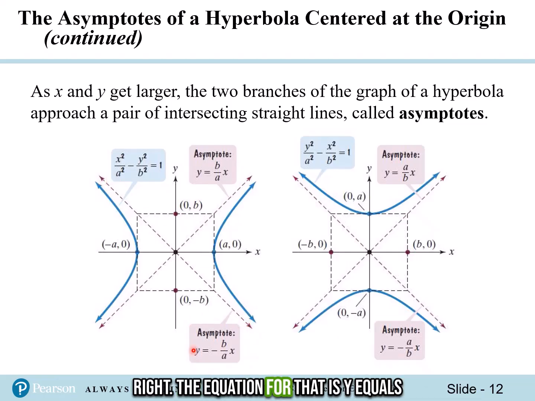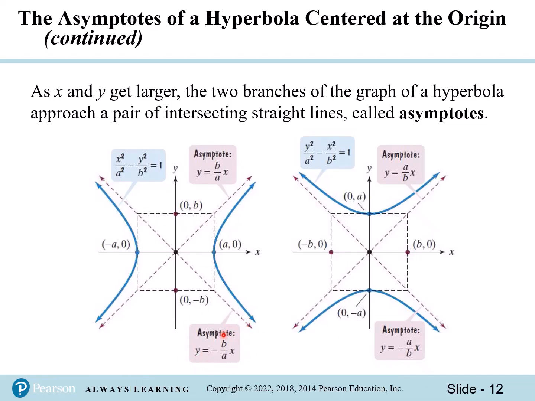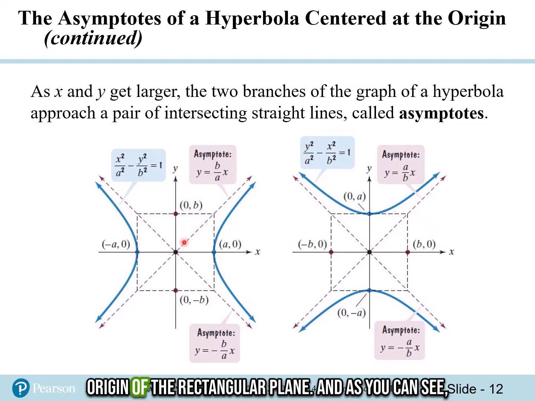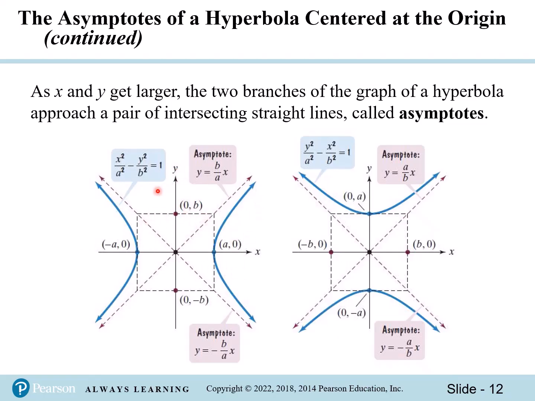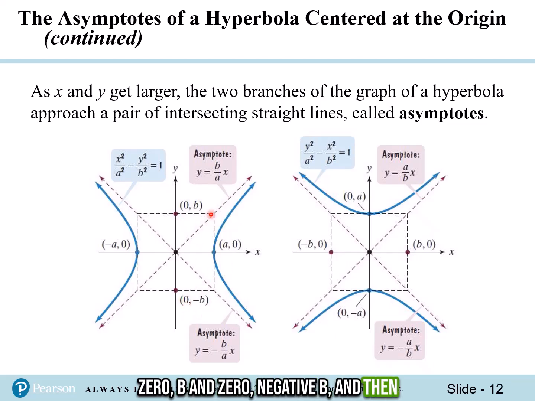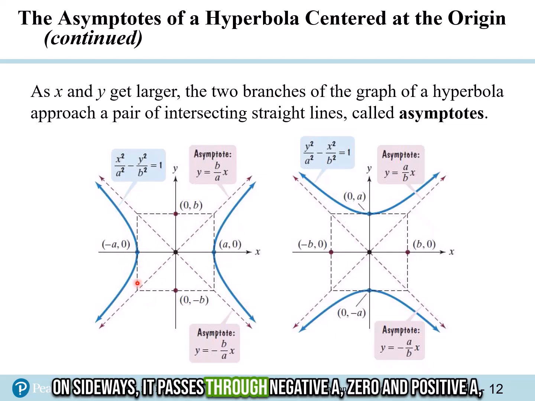The equation for that is y equals negative b over a x. Now, these asymptotes pass through the origin of the rectangular plane, and as you can see, they pass through the diagonals of a square. This square passes through 0, comma b and 0, comma negative b, and then sideways it passes through negative a, comma 0 and positive a, comma 0.